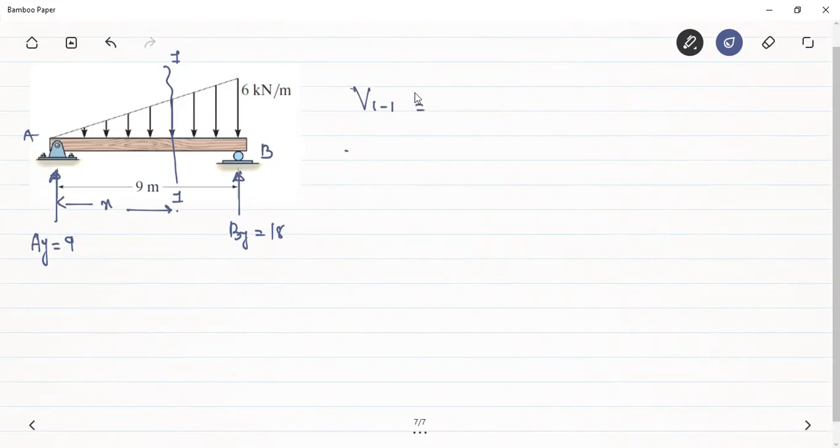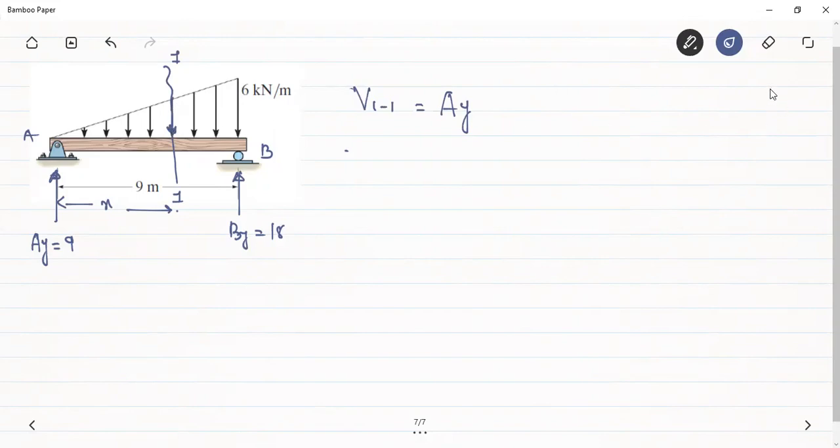If we are taking the left hand side of the section, the transverse loads we have are AY and this uniformly varying load. Look at this section: the intensity is not 6. The intensity of the load is 6 at the extreme end, at the roller support. But if I am considering a section, you can see that this intensity will be less than 6.